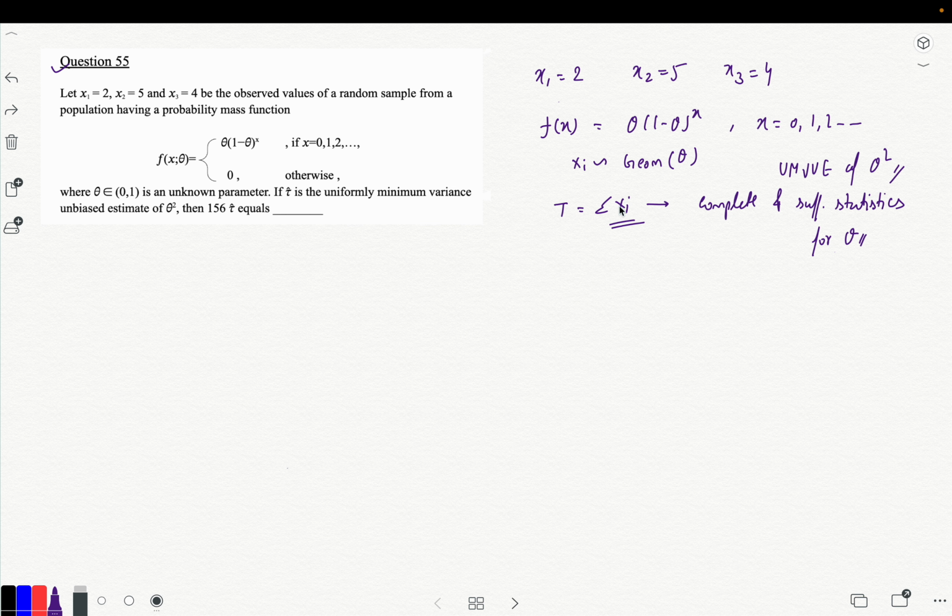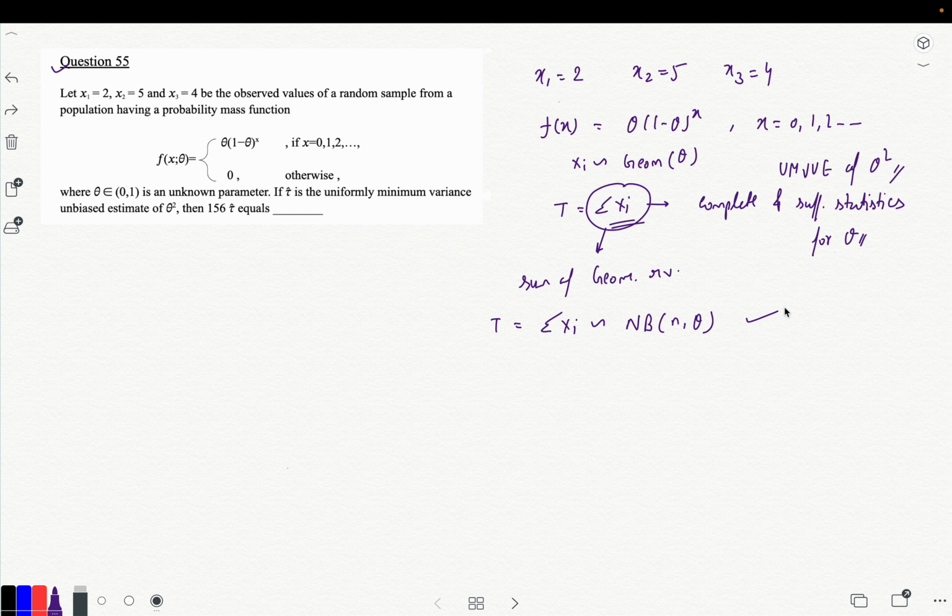Now this summation xi, what is this? Summation xi is the sum of geometric random variables. The xi are following geometric with the parameter theta, and summation xi is the sum of it. So what would it follow? T is my summation xi, so now it will follow negative binomial n comma theta.